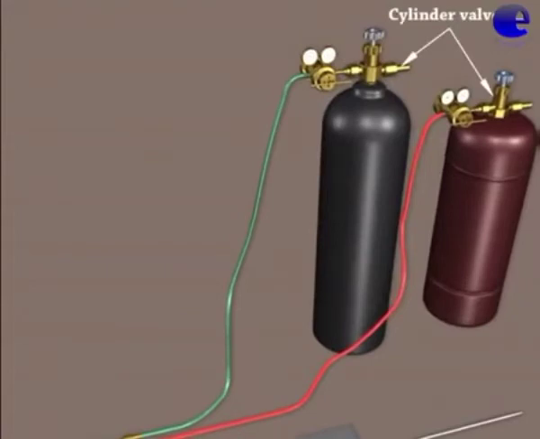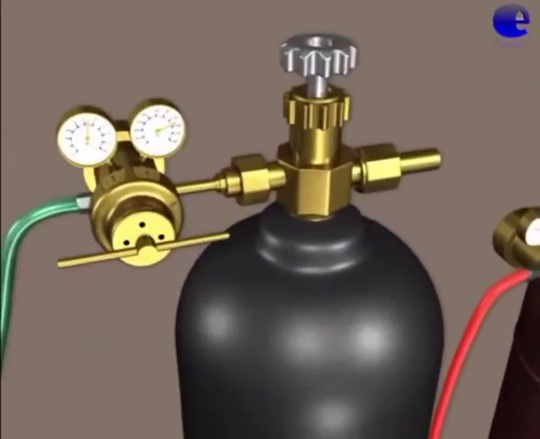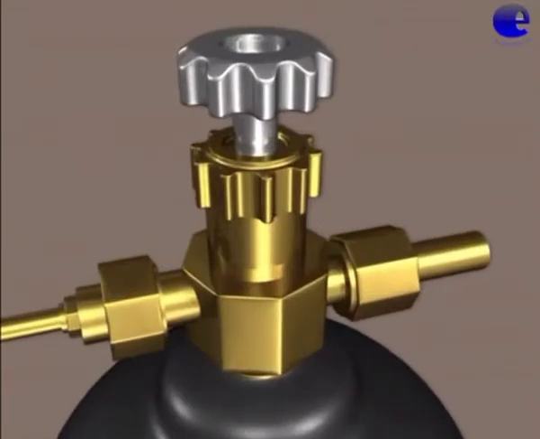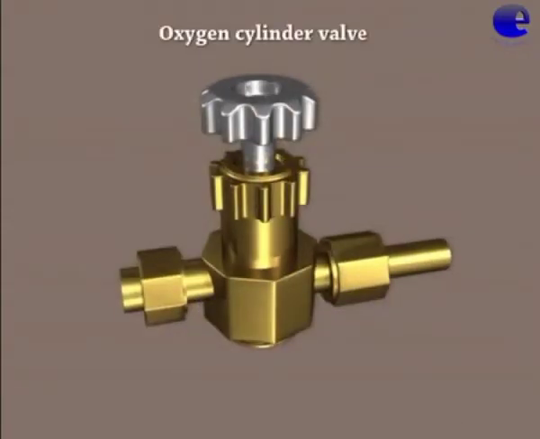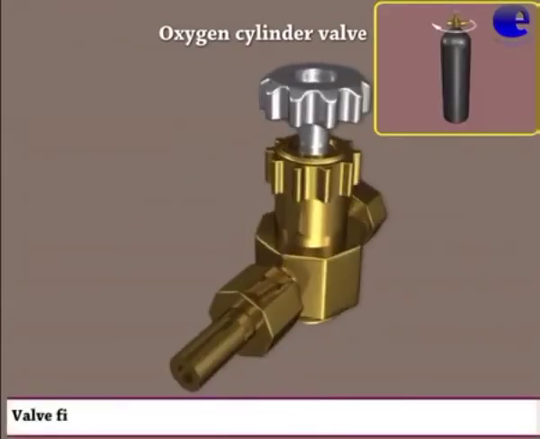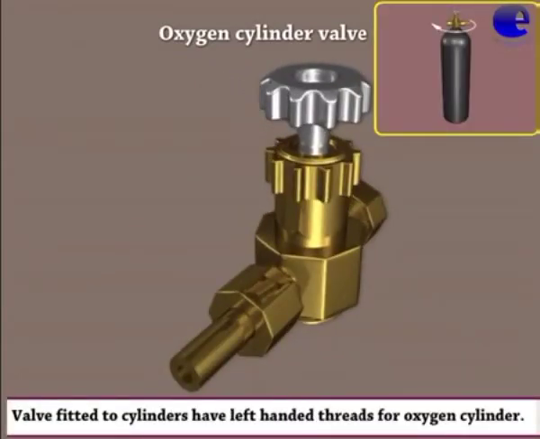Cylinder valve. Now we take a close look at the oxygen cylinder valve, which is taken from the oxygen cylinder. The cylinder valves are fitted at the top of the cylinders. Valve of oxygen cylinder is made of brass. Valves fitted to cylinders have left-handed threads for oxygen cylinder.